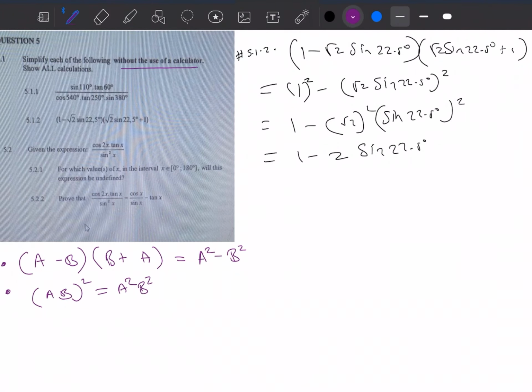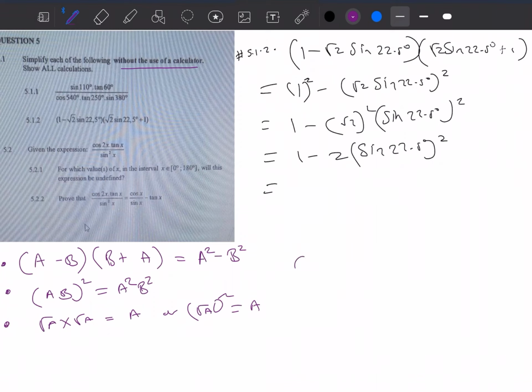Remember, a is just a number: root a times root a is root a squared, which is equal to a. So root 2 squared is 2. Okay, so we're not done. We have 1 minus 2 sine squared 22.5. Now, one thing that you need to remember here is this.